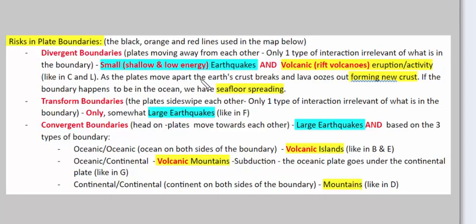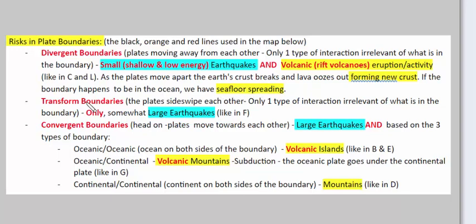They are going to break the crust, and lava is going to ooze out, resulting in new crust, but really mainly volcanic eruptions. So what we get out of divergent boundaries: small, shallow, tiny earthquakes, but all the time volcanic activity, because the plates are moving apart, breaking the crust. Now, if they happen in the ocean, we have seafloor spreading.